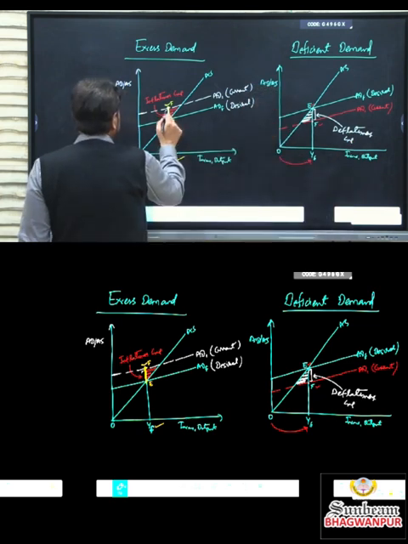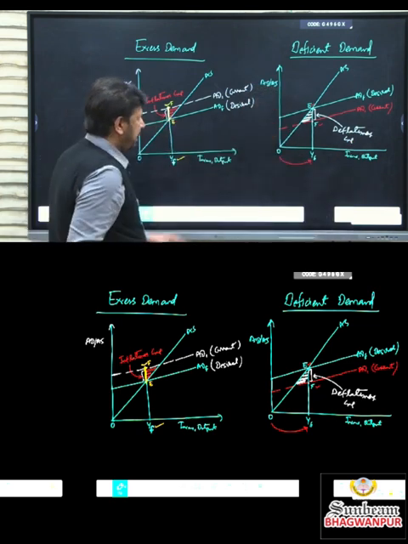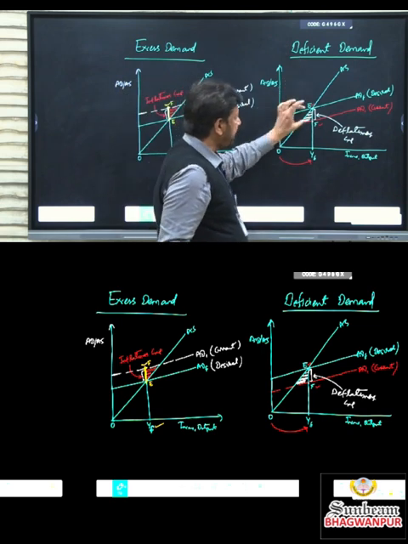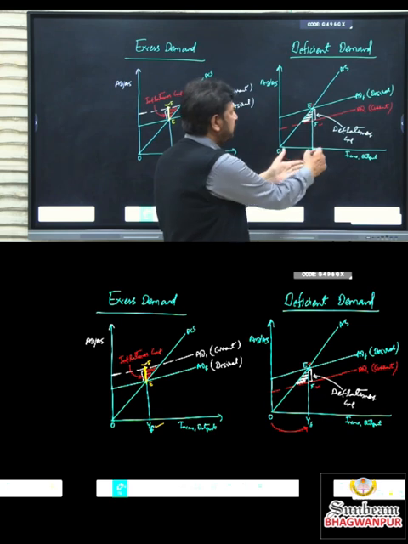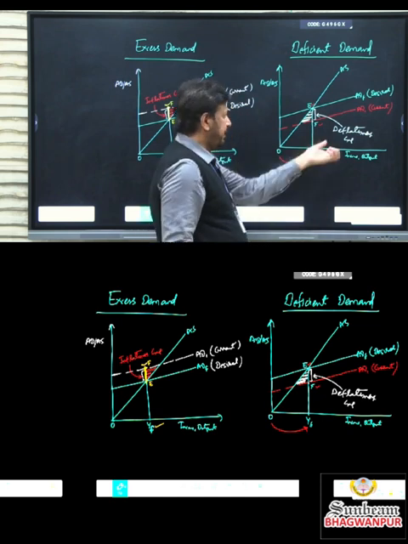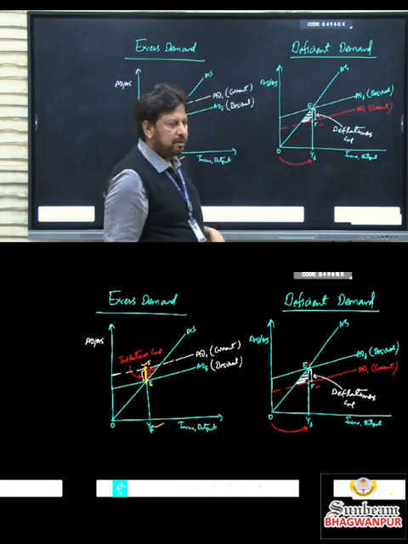This is the inflationary gap, and in case of deficient demand, the gap between actual AD and desired AD corresponding to the full employment level of income is the deflationary gap.